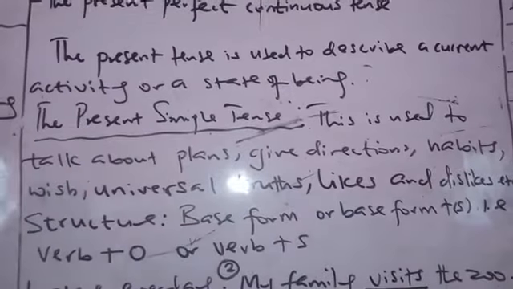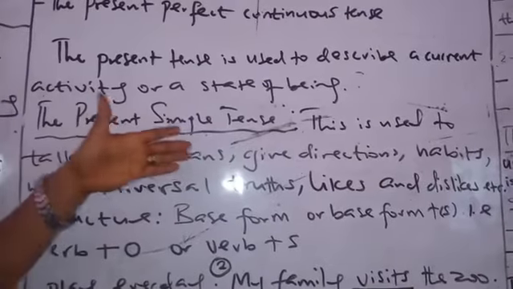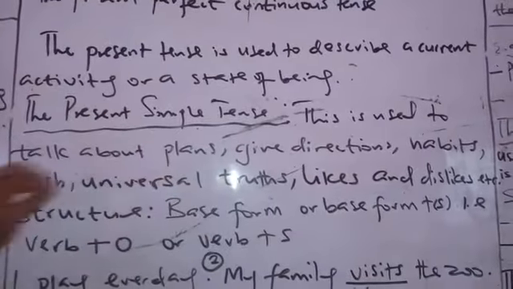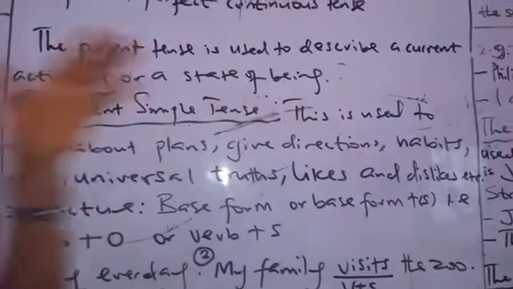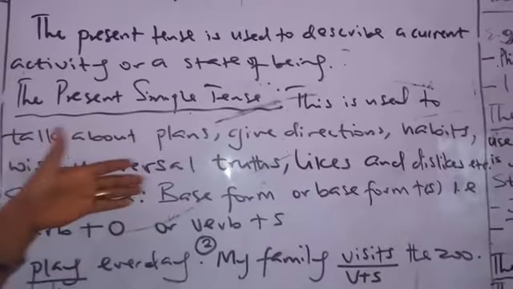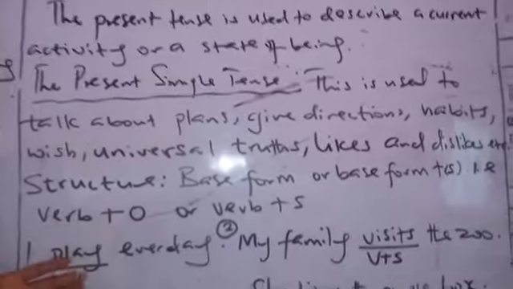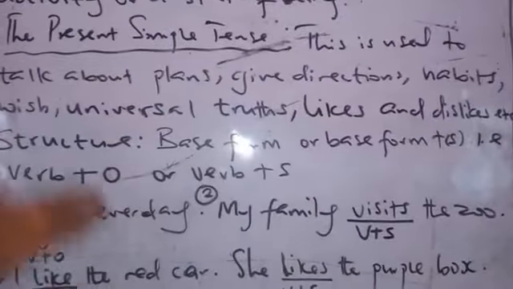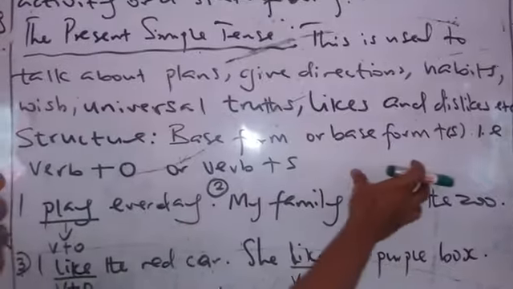Okay, we have the present simple tense. The present simple tense is used to talk about plans, to give directions, to talk about habits, to make a wish, to talk about universal truths, likes and dislikes. And it has this structure. The structure is the base form alone, the base form of a verb, or the base form plus s.